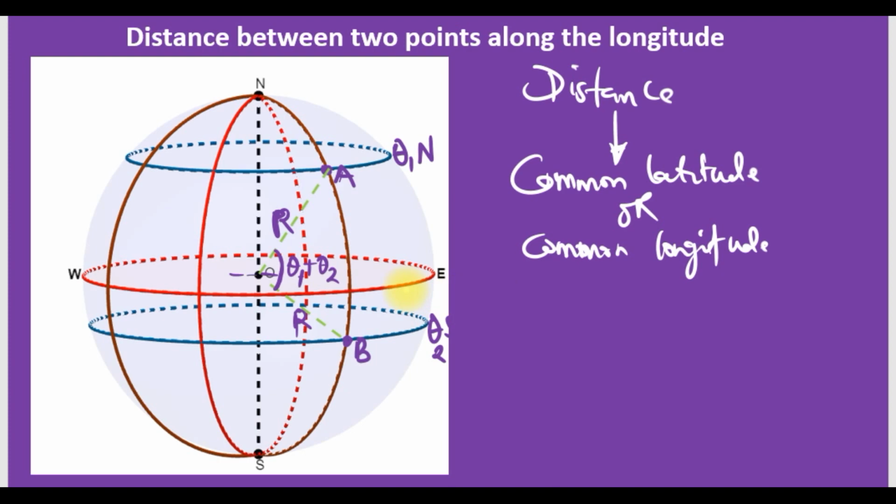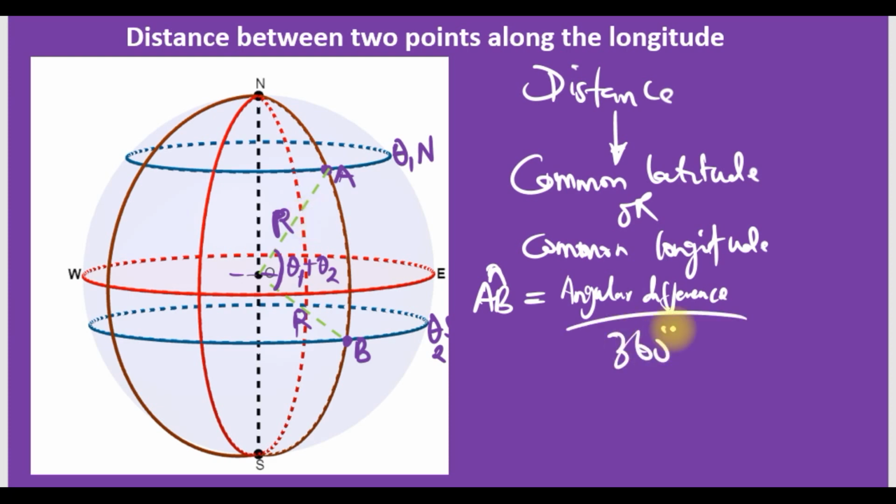So AB, which is the length of arc, is always the angular difference over 360 times 2 pi r, where r is the radius of the earth.